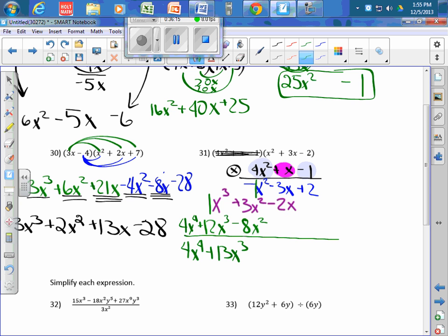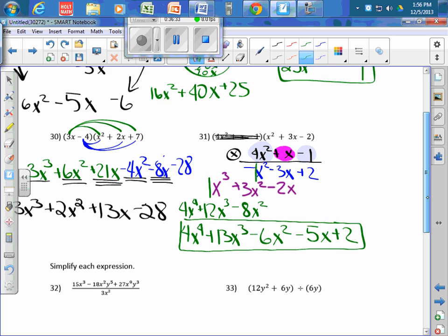Negative 1 plus 3, 2 minus 8, negative 6x squared. Negative 3x minus 2x, negative 5x plus 2. Well, whatever method you chose to multiply that out, that would be your answer.